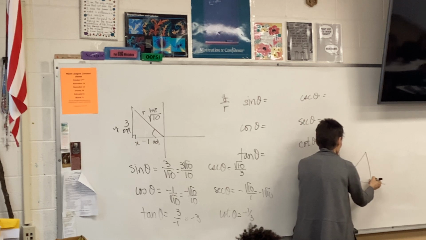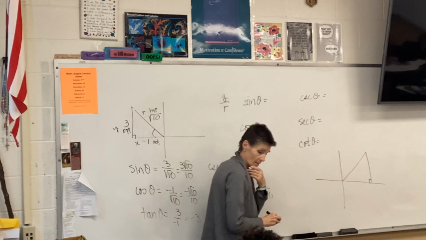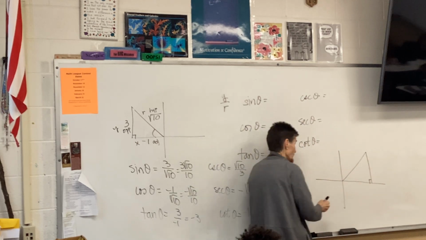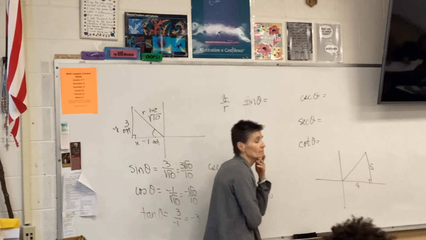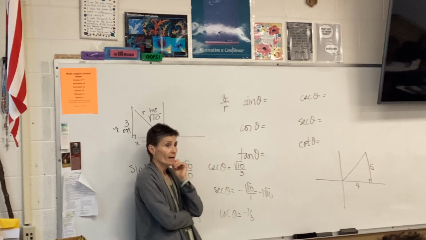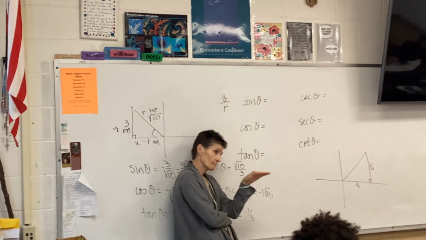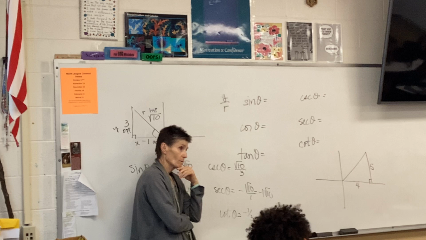Pay attention to your point. X is 4 and Y is 5. X is sideways. Y is vertical.